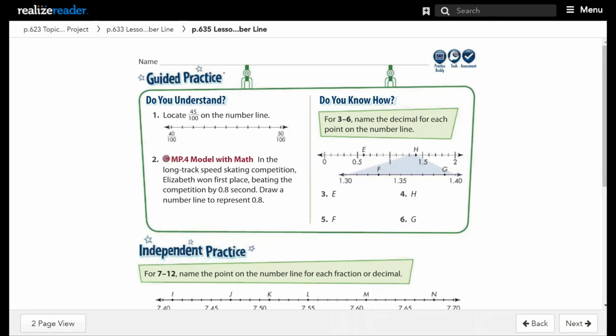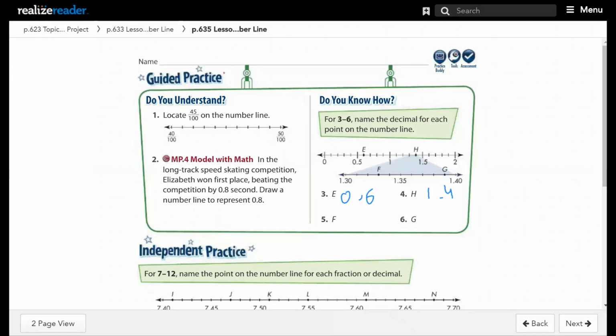Question number 3, E. What is the decimal number on letter E? It comes after the 0.5, so it is 0.6. And in H, it comes before 1.5, so it's 1.4.